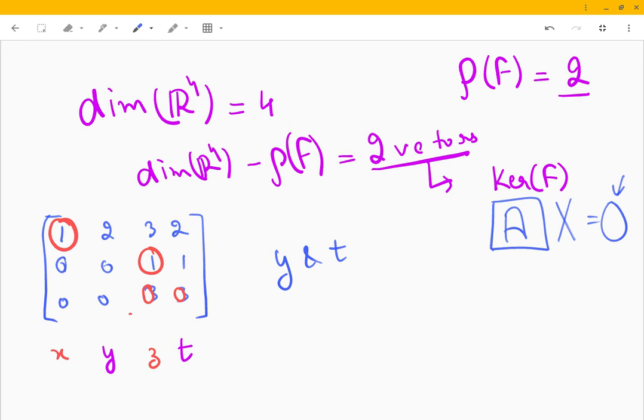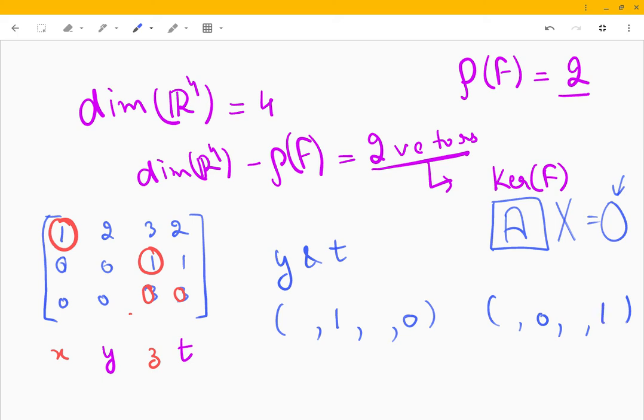So what we will do, to find the basis of the kernel, just bear with me, is put y as 1 and t as 0 once, and next I'll reverse this, y as 0 and t as 1.